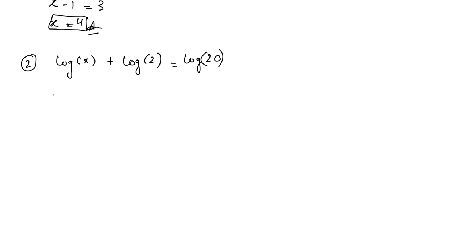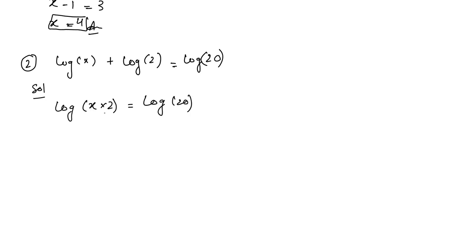and from here we can say that by applying the properties of logarithms, we can apply over here, it doesn't matter. So log x plus log 2, we can write it as log of x multiplied by 2 and is equal to log 20.